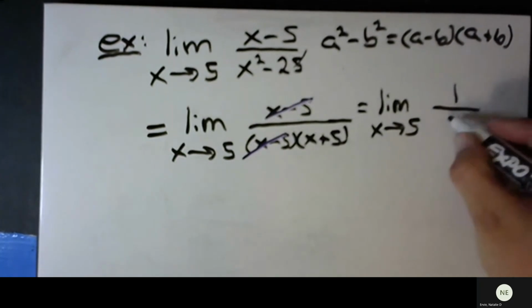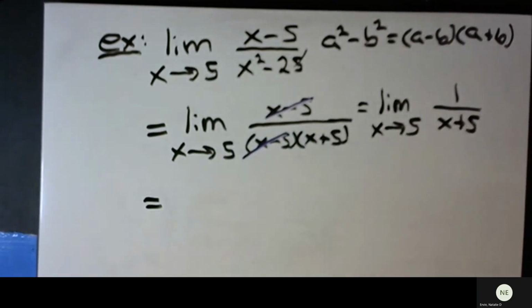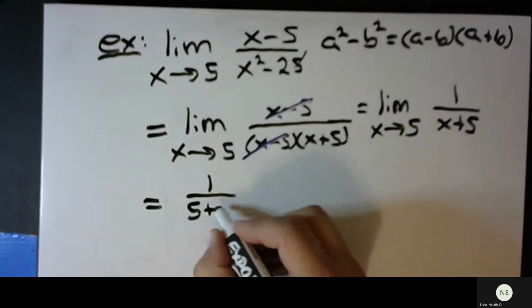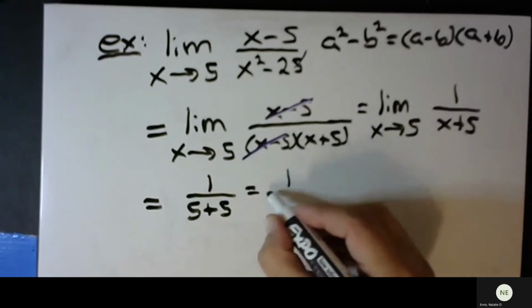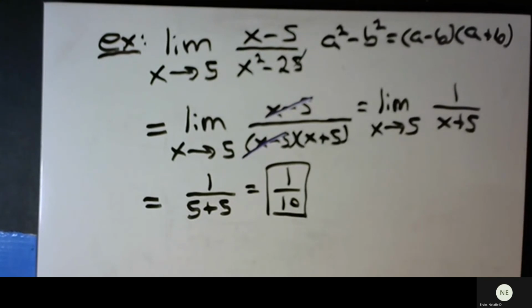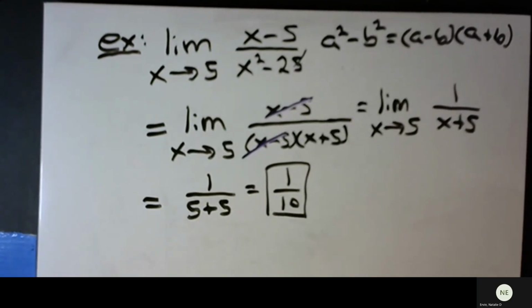And that's going to set us up for this. And this will be 1 over 5 plus 5, or 1 over 10. So that is something to keep in mind. You might have some cancellations you have to address. Let's take a look at another one. So any questions about that one?